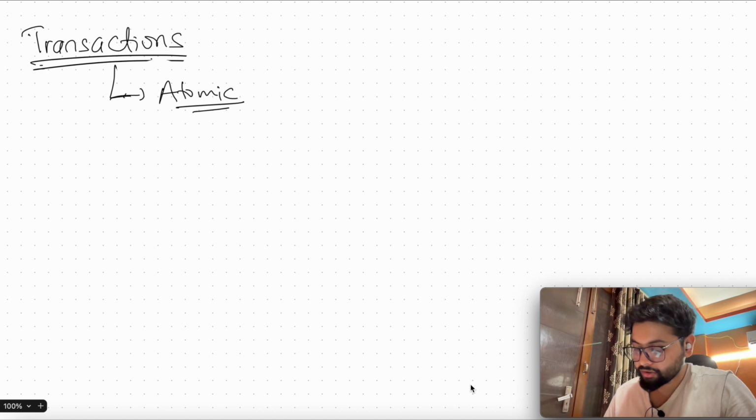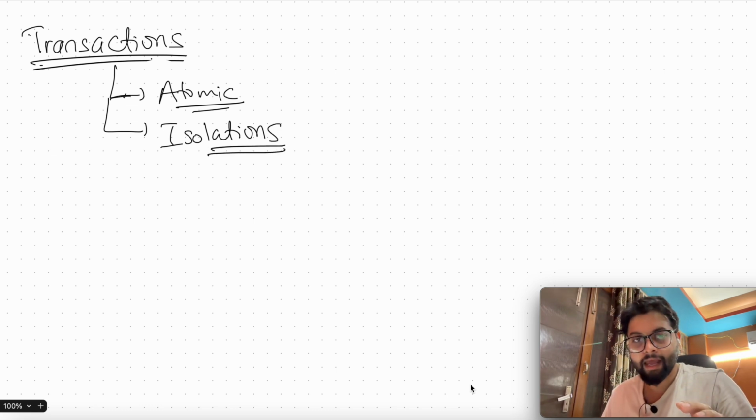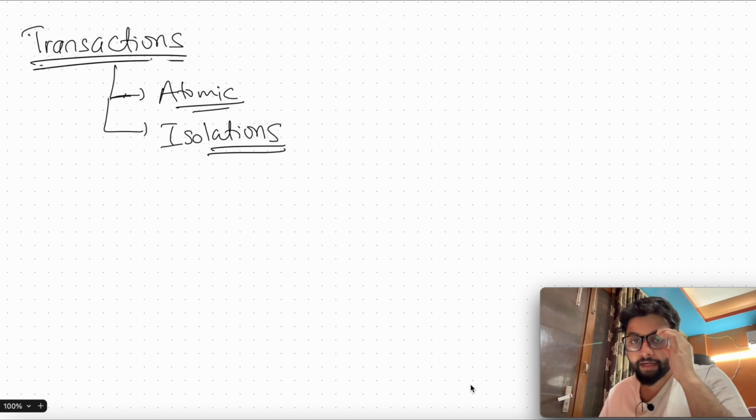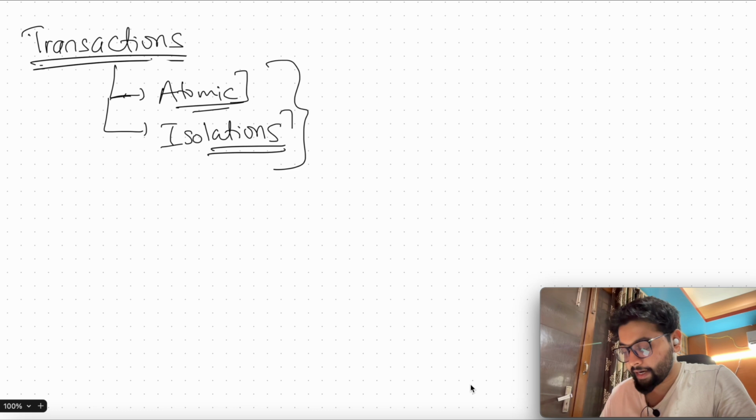And transactions also allow the operations to be isolated. So if two transactions are happening, it will make sure that they happen in an isolated manner, and that the two transactions do not overlap or interfere with each other, right? So these are the two things which a transaction offers. Now since it offers strict atomicity and isolation, this can cause some performance overheads as well.